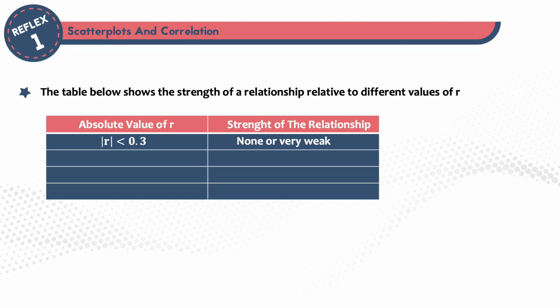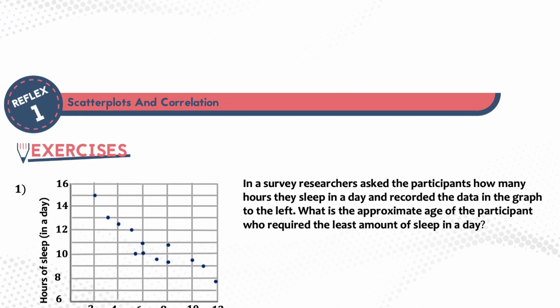Now, if the value is between 0.3 and 0.5, then it's still a weak relationship. Next, between 0.5 and 0.7 is what we call a moderate relationship. But if the value is above 0.7, then that is a strong relationship or a strong correlation.